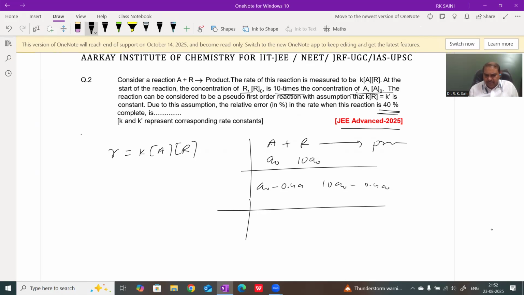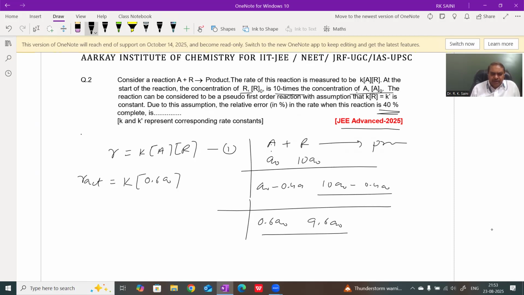Hence the concentration of A is 0.6 A naught after 40% completion, and the concentration of R is 9.6 A naught. Putting these concentrations in equation number 1, the actual rate is K into 0.6 A naught into 9.6 A naught. This value is K into 5.76 A naught square. Equation number 1 on solving.